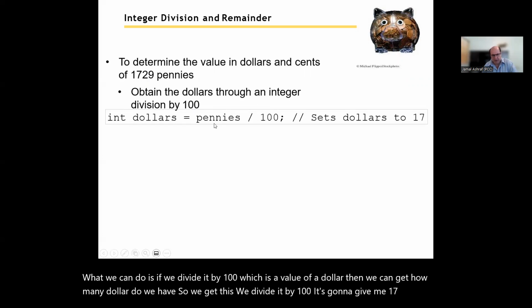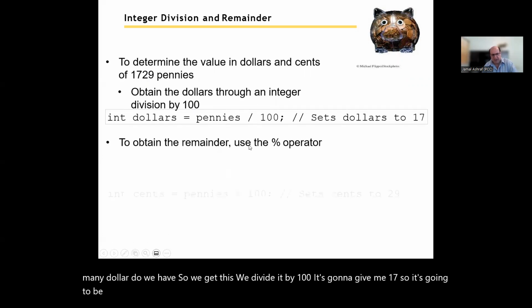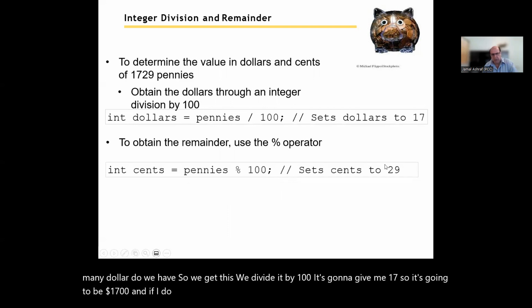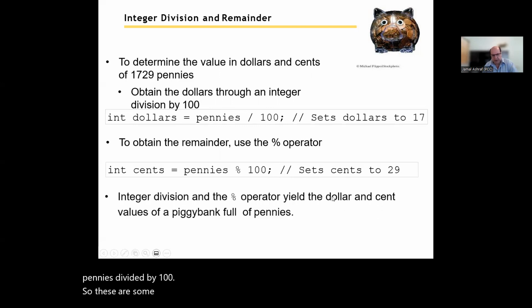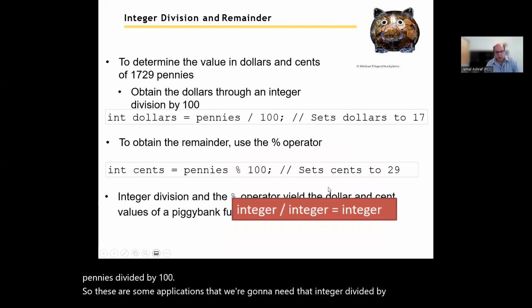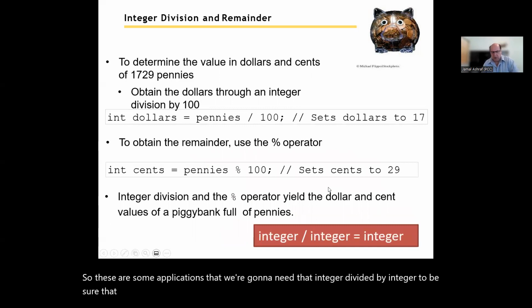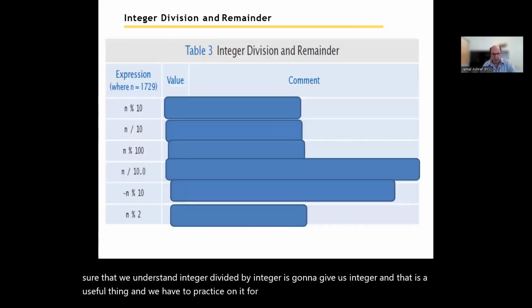So it's going to be $17. And if I do percent 100, it's going to give me 29, which is the remainder of pennies divided by 100. So these are some applications where we need integer divided by integer to give us integer, and that is a useful thing, and we have to practice on it. For some of us, we need to practice more.